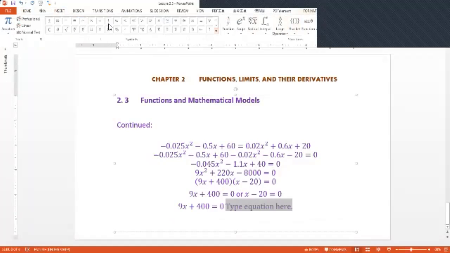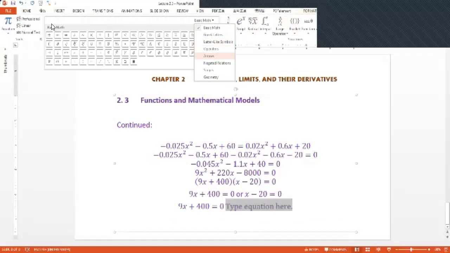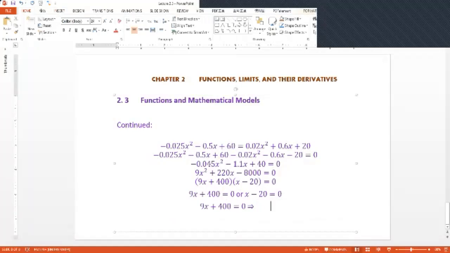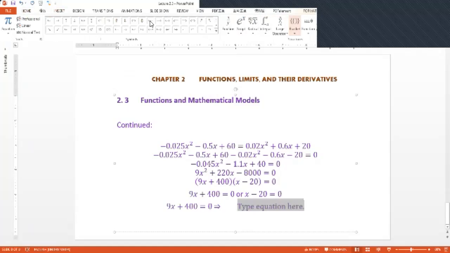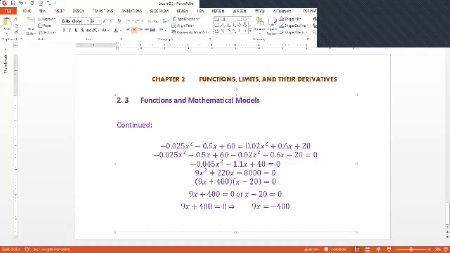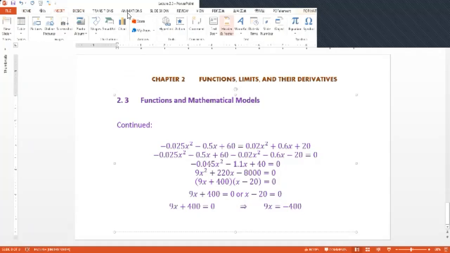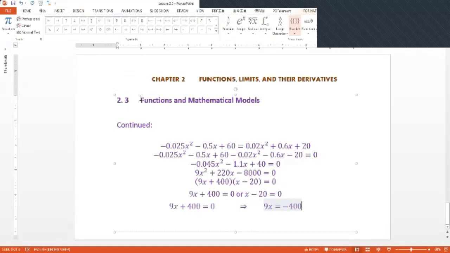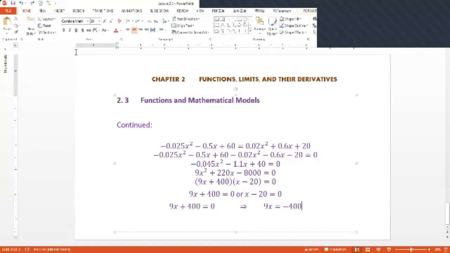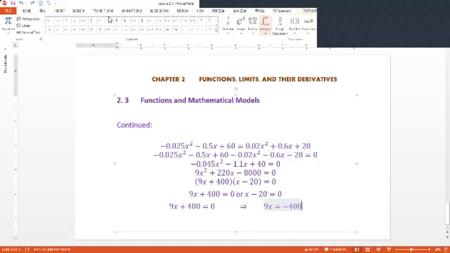So, 9x plus 400 equal to 0. You move 400 to the right, you get 9x equals negative 400. And then you just divide by 9 on both sides to solve the equation.